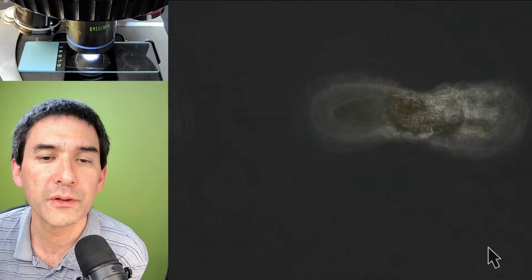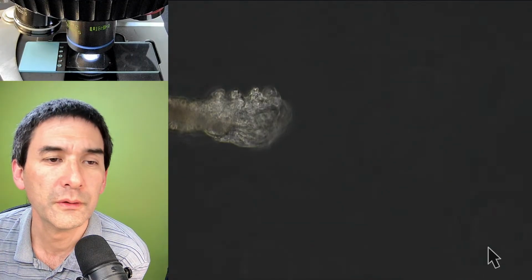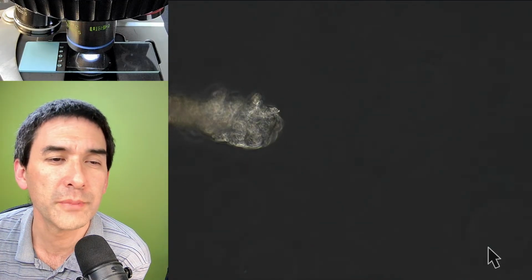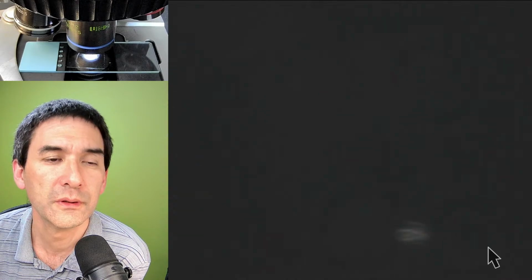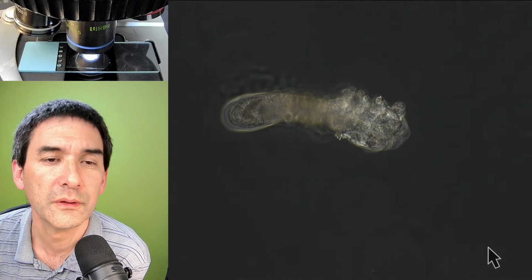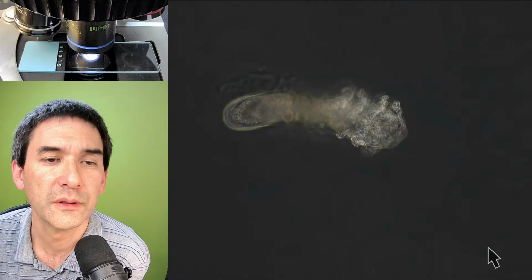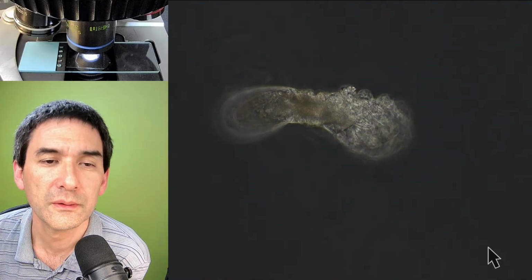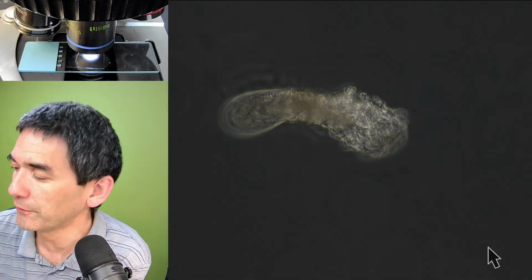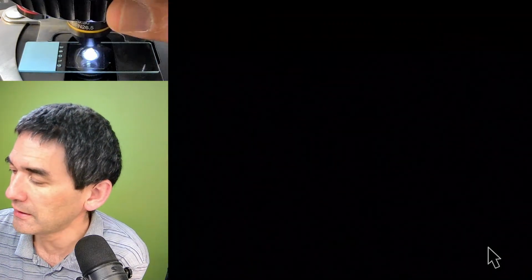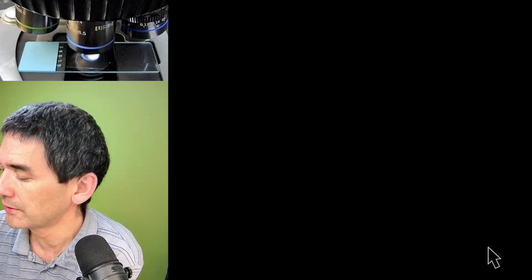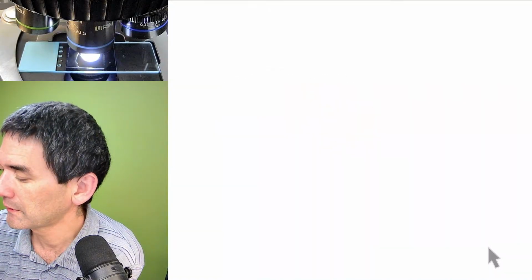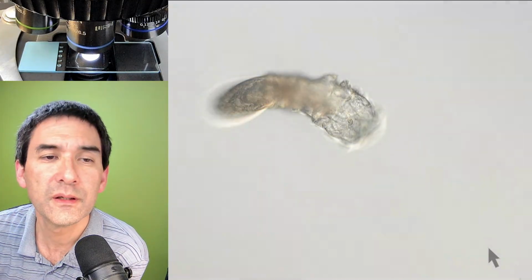Maybe this one is better. This is a top view. A little bit better, I don't know. It's also a little bit blurry because of the low depth of field. Let's stay with this one here. DIC.